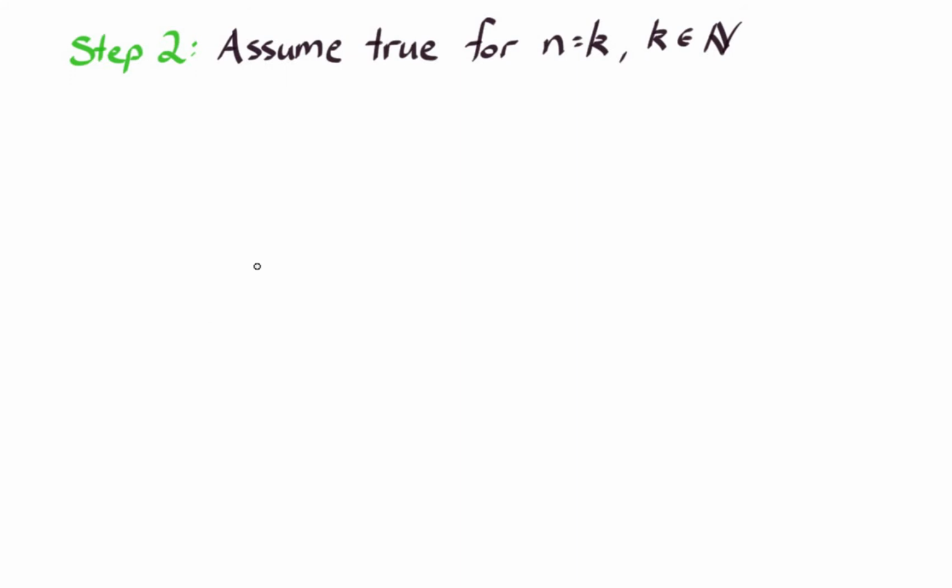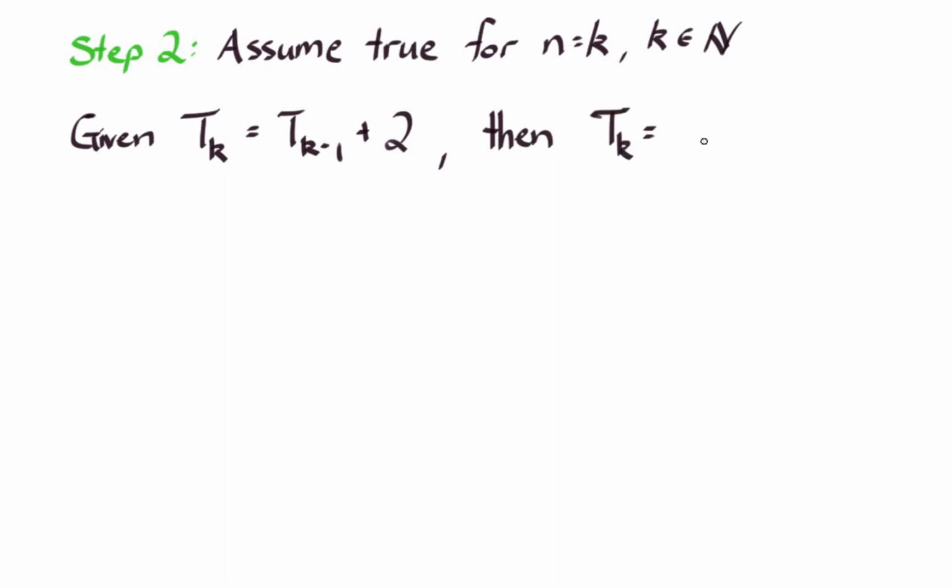This one's set up a little bit different to previous inductions, but we're basically saying, given some k term where we've got this recurrence relation of t(k-1) plus 2, given that, and obviously our starting point that we've already proven, then tk can also be found by the formula 2k plus 1. Okay, so that's step 2.